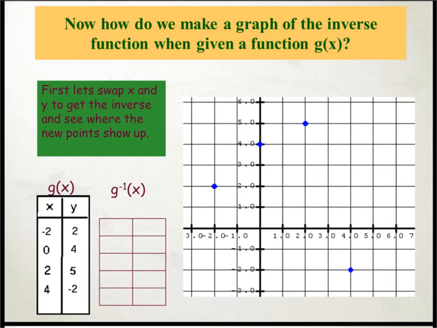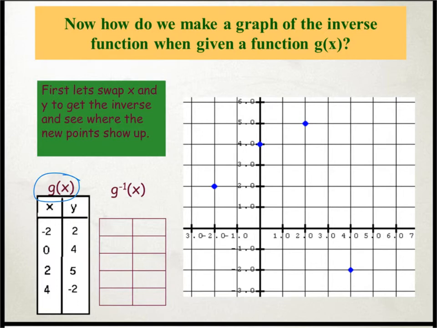Here's the same concept, but in graph form. Say I have some relation G, and it has these points that are listed here in this table, which are also graphed in blue. So here's my G of x, and those 4 blue dots are already represented on a graph. Take a second and fill out the inverse of those into the table.